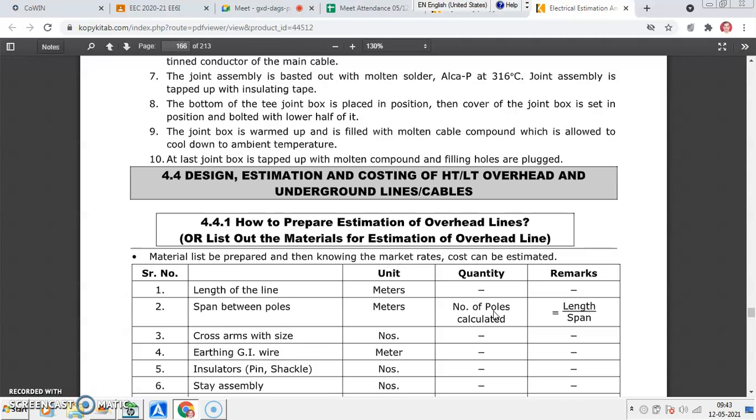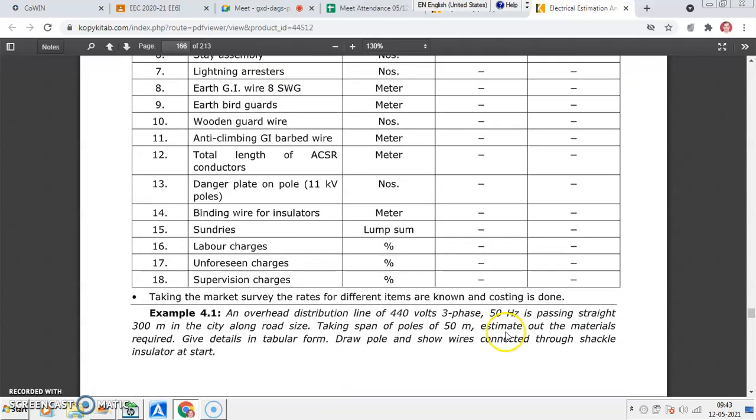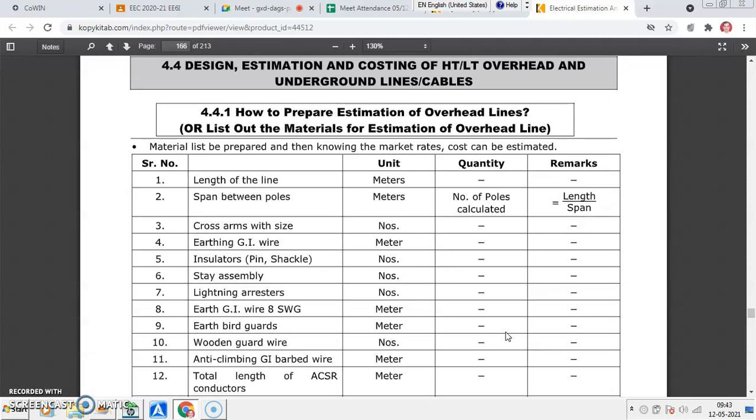The list has to be prepared as per the market, but here we have the general list of material normally required for overhead.